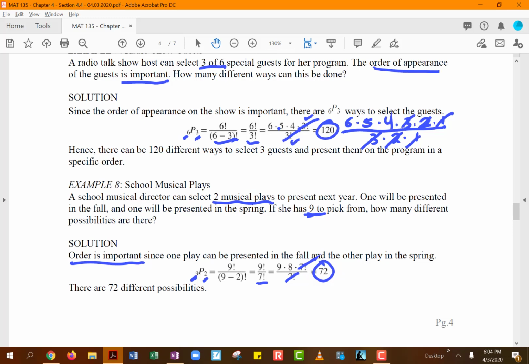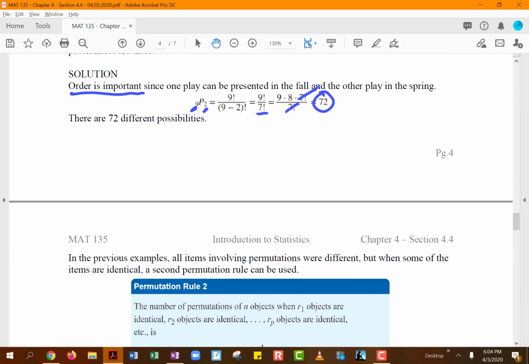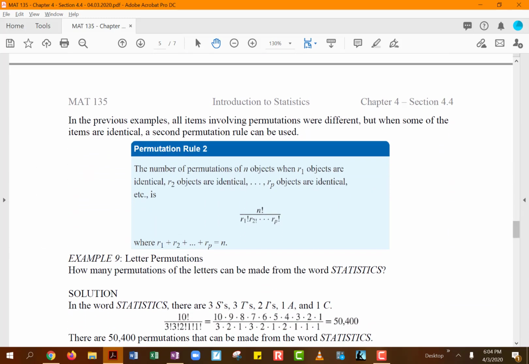Alrighty. So this will now bring us down to our permutation rule 2, and this one is basically saying that in the previous examples, all items involving permutations were different, but what happens when some of the items are identical? And you will see what we're talking about here.